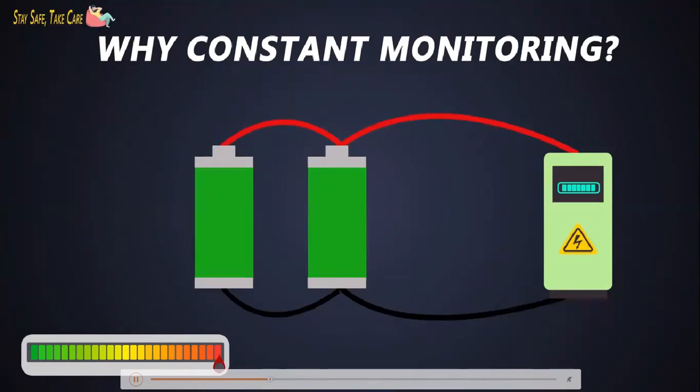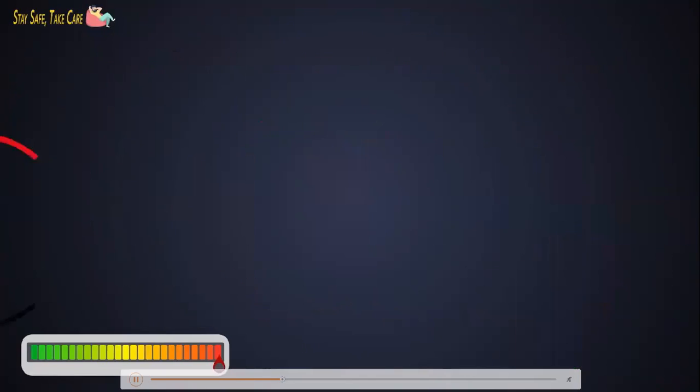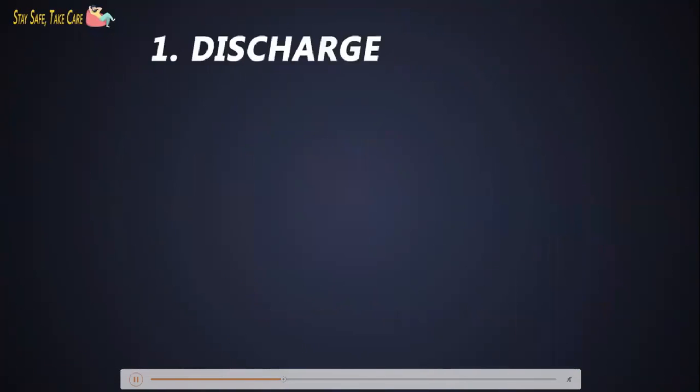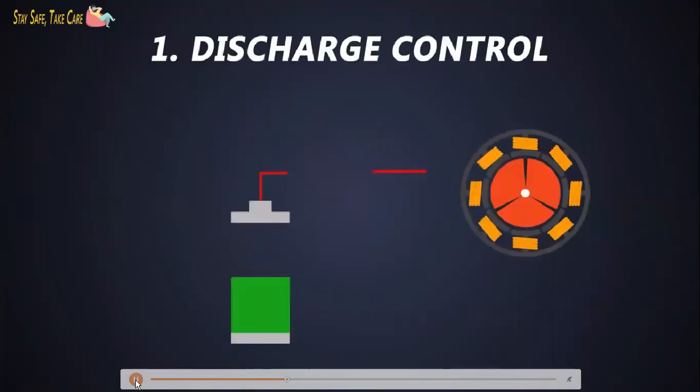To avoid all these scenarios, we must monitor the over voltage and under voltage limits of the battery. We have to keep a close watch on battery temperature, and we have to ensure that the charge level of each battery stays within the recommended range by balancing every cell in an effective way.